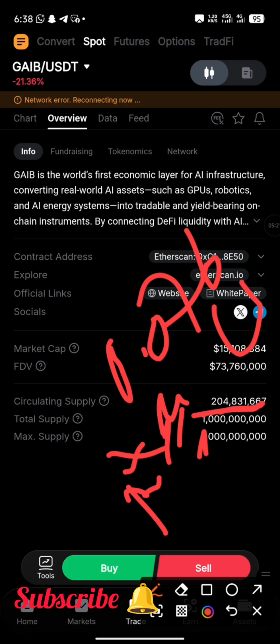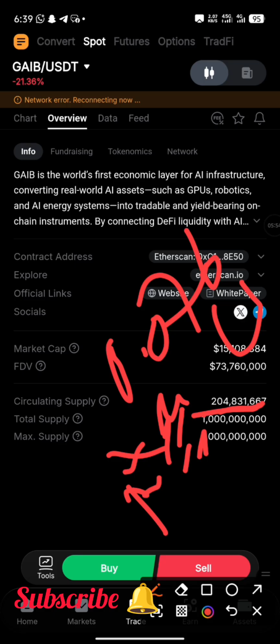Any coin with a very high circulating supply, the price moves very slowly. If the circulating supply is small, the price moves quickly. So we always look at coins with a low circulating supply, not the ones with billions and trillions. So it actually affects price movement. Low circulating supply means the price moves quickly, as we said.